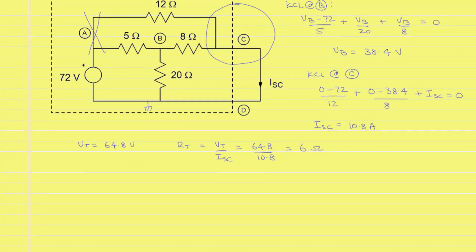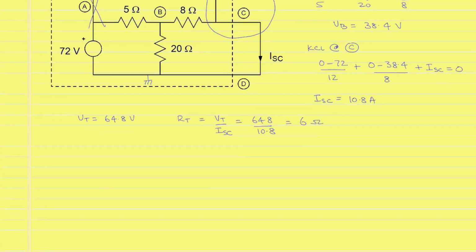We can now draw the Thevenin equivalent of the circuit between the nodes C and D. The Thevenin voltage is 64.8 volts. The Thevenin resistance is 6 ohms, and this is the Thevenin equivalent between the nodes C and D.